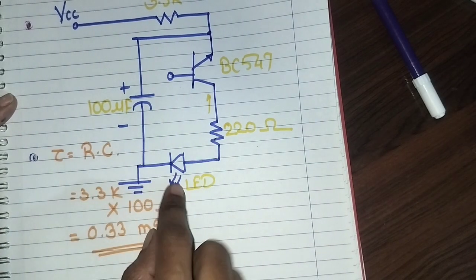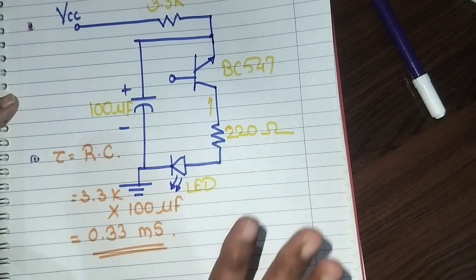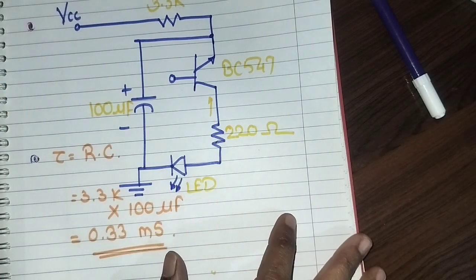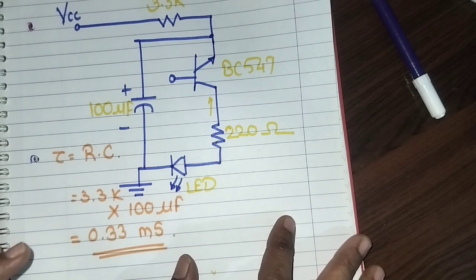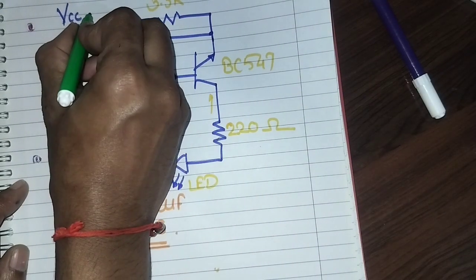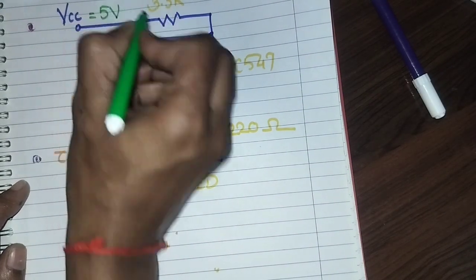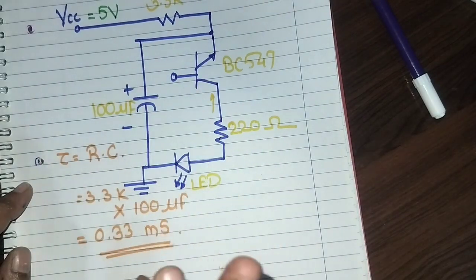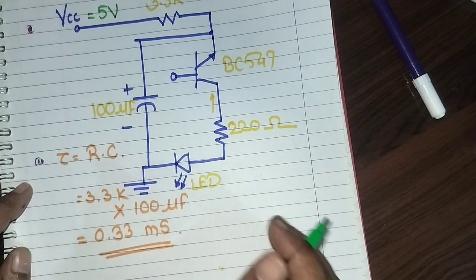And this is how the circuit looks, a flashing or strobing circuit we can say. Now the thing is, if we apply VCC equal to 5 volt, we do not get any voltage or LED flashing over here.